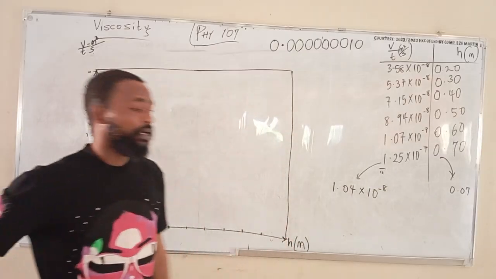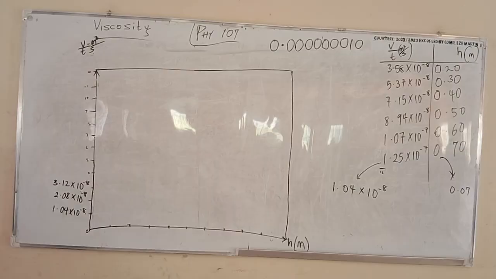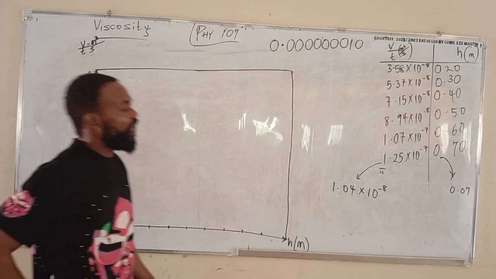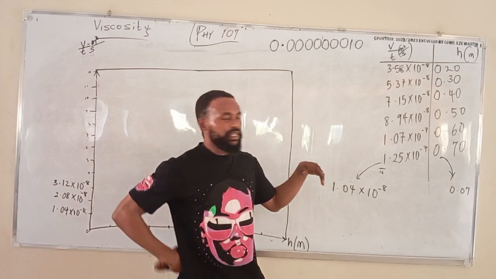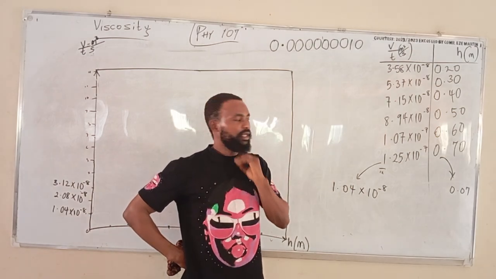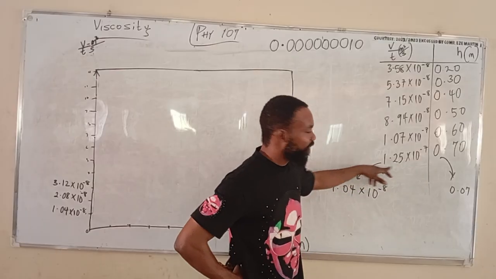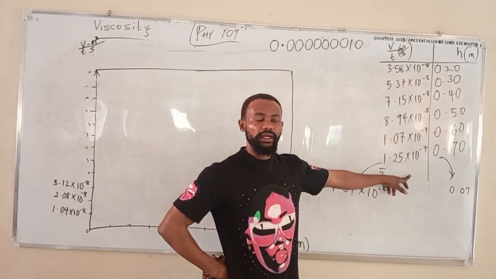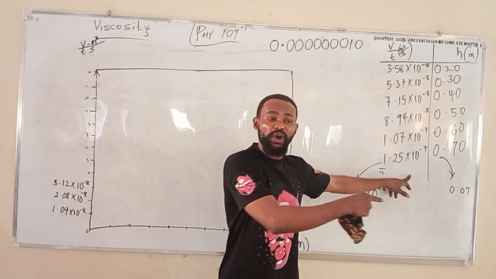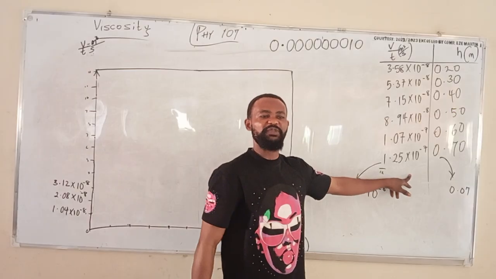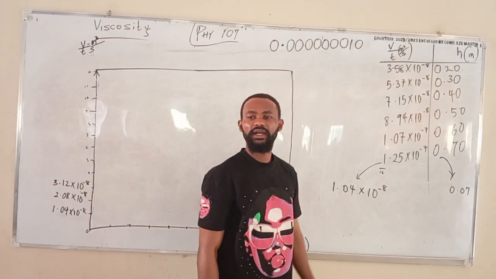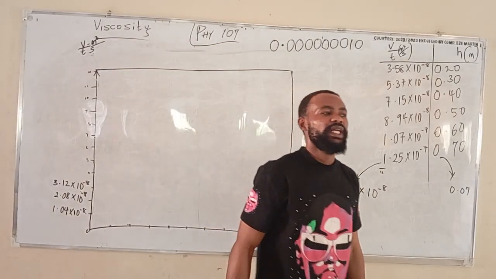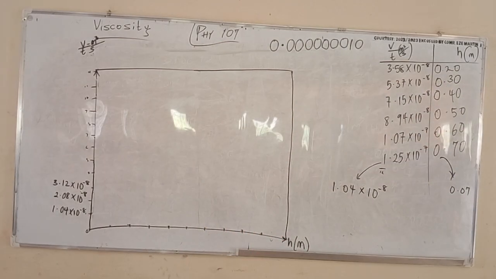Please, listen to me. This thing that they gave us, this is what they gave us inside the book. But you got what you got from converting what is there now. We are using what we have now. I get where you are going though, because that one is in 10 raised to the power minus 7, the other ones are integers power minus 8. That's what you're saying.